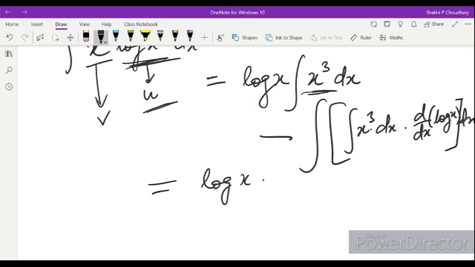What value will we get while integrating x to the power 3? It will be 3 plus 1 divided by 3 plus 1, which means x to the power 4.